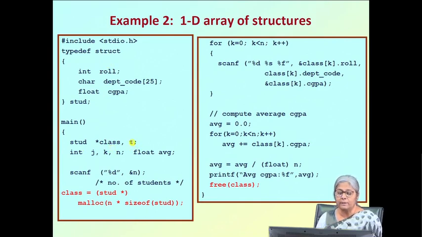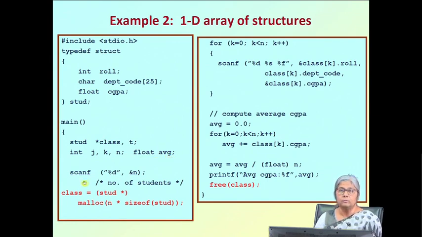T is also a student data type, but here class is a pointer, T is a simple structure of student data type. Then I define some integer variables what we will be using in the program, that is i, j, k, n and float AVG. So, this is float type.